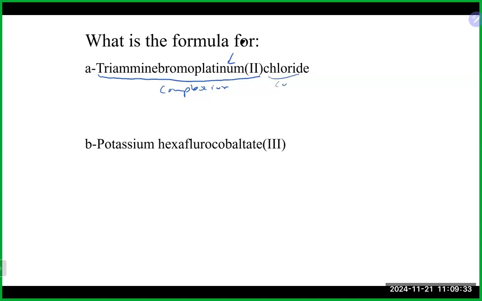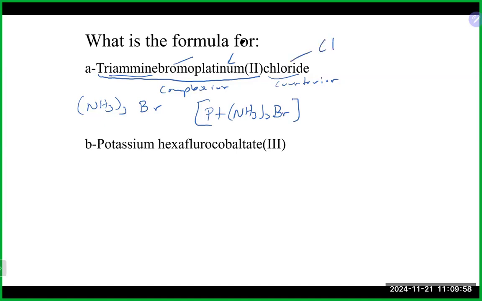And we've got our counter ion here. So triammine, ammine is ammonia. So you basically have an ammonia and you have 3 of them. You have a bromo with no prefix, which means you have just 1 of those. And you have a platinum. So if you're building your complex ion, it's a Pt. You've got NH3, 3, and a Br.